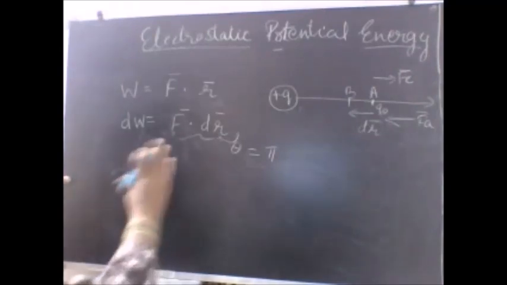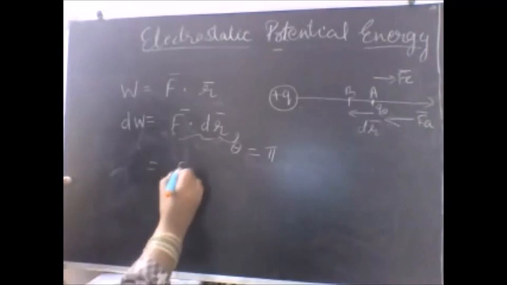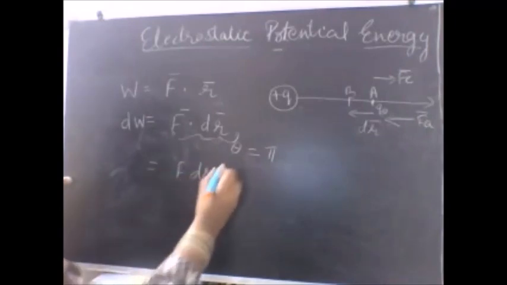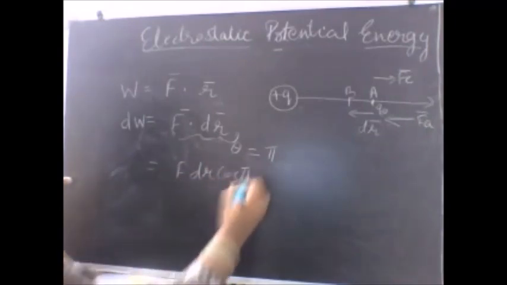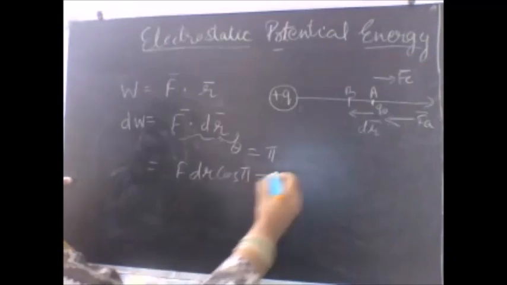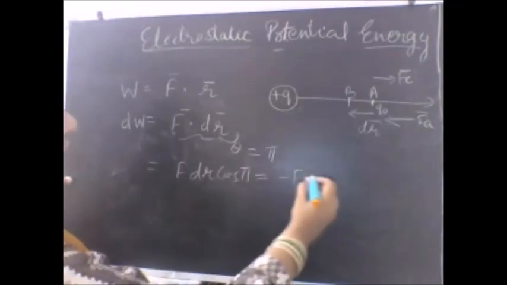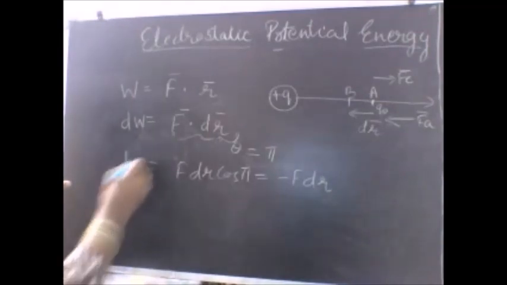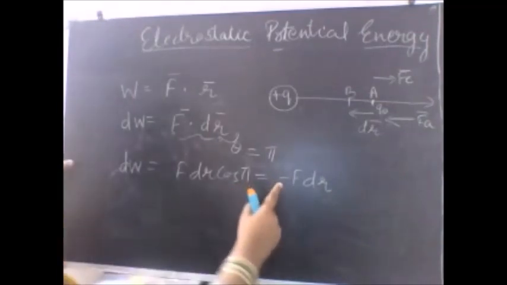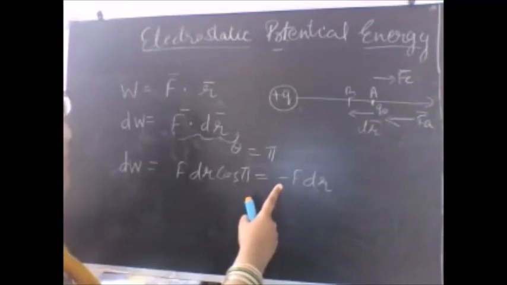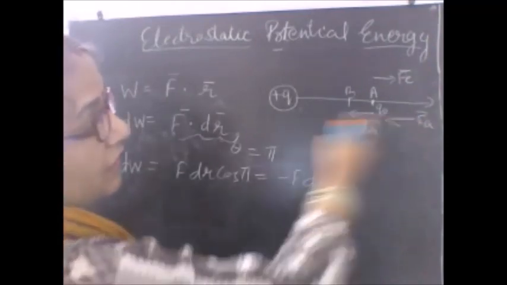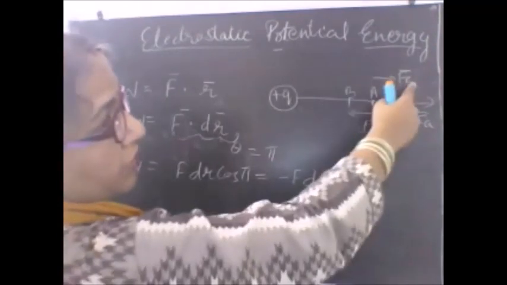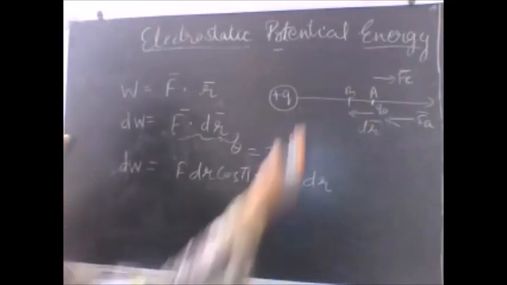So when we resolve it, it comes out to be F dr cos pi, which is minus F dr. So what is the significance of the minus sign? The significance of the minus sign is that we have to do the work against the electrostatic force, and that is what we are doing.